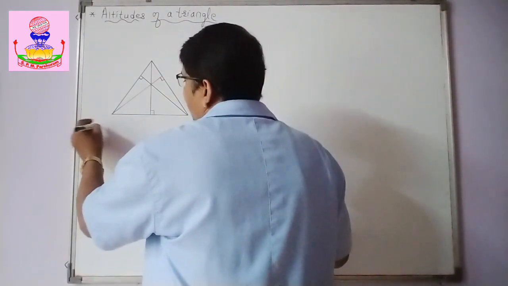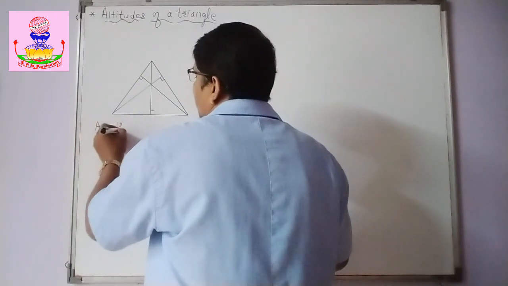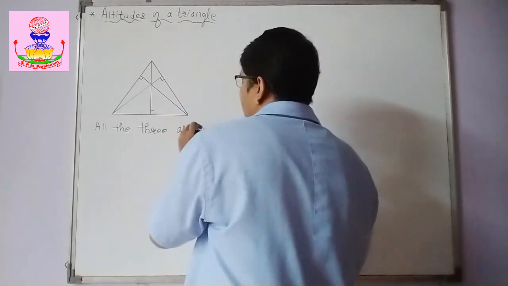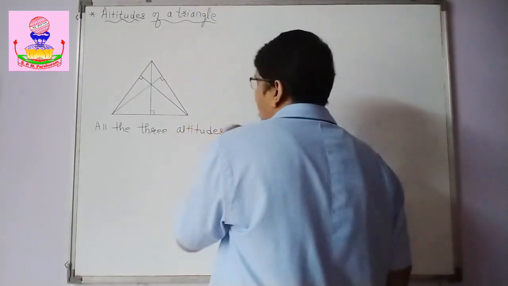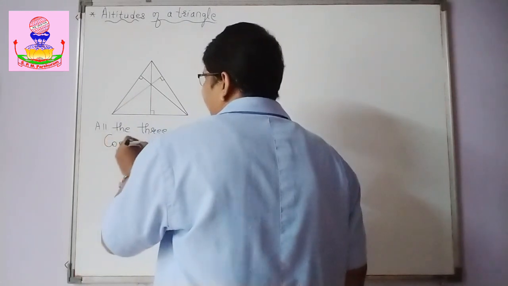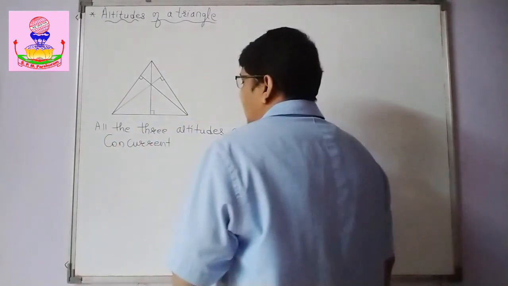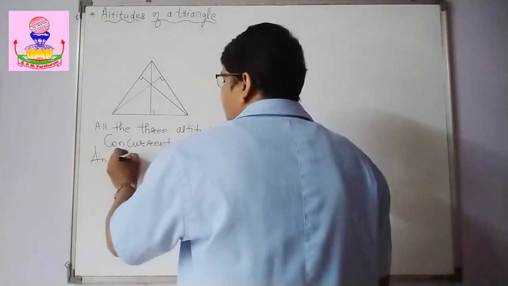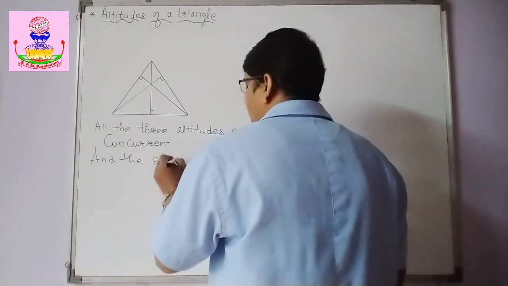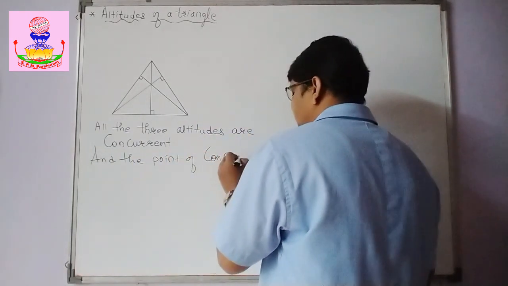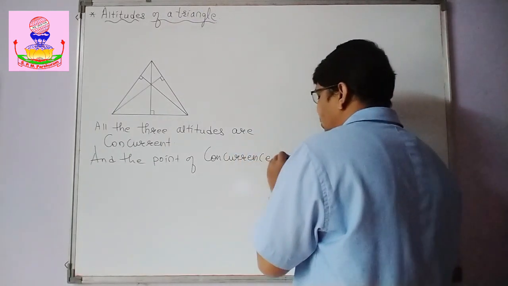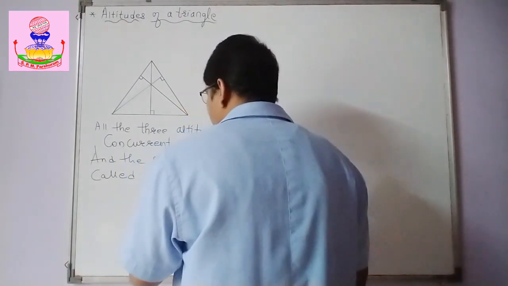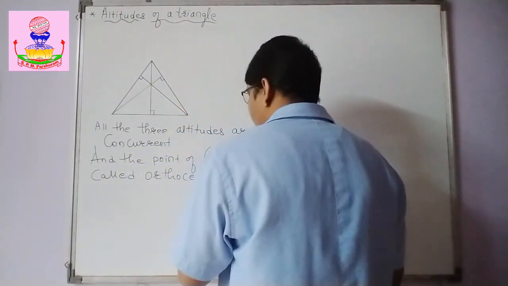Okay, so let us write here for acute angle triangle. First, all the 3 altitudes are concurrent, right? Point of concurrence, and the point of concurrence is called the orthocenter.